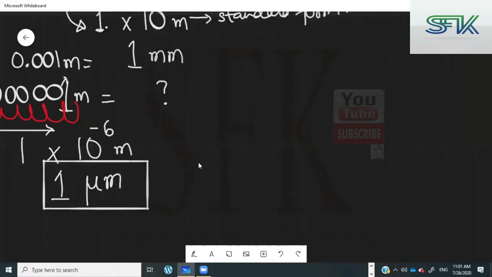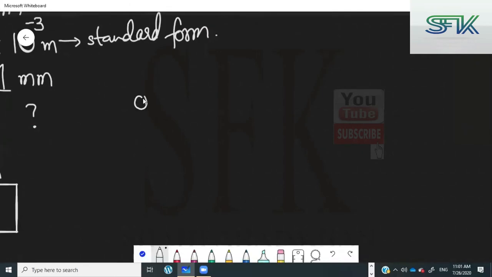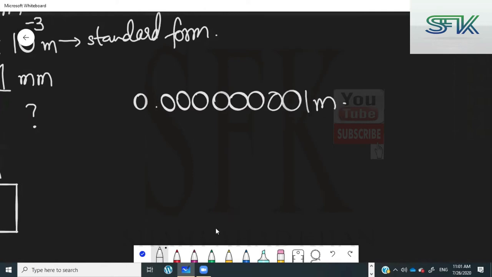Similarly, let's do another example. So this is one number that we have. Let's do the same thing. 1, 2, 3, 4, 5, 6, 7, 8, 9. We brought the decimal to the right hand side of the 1, so we skipped 9 places.